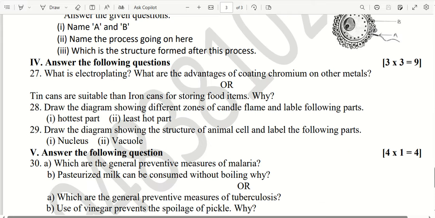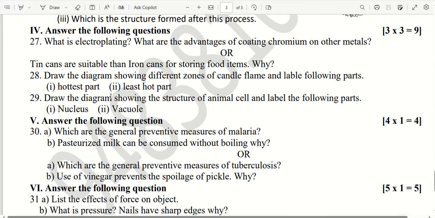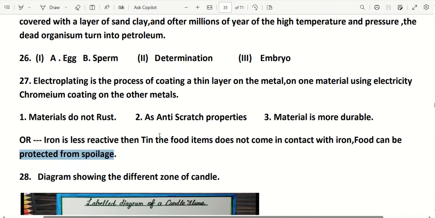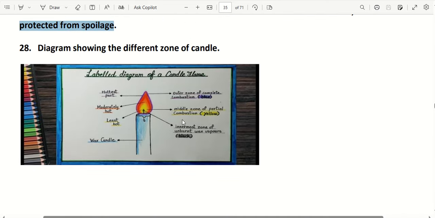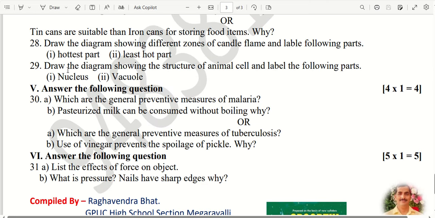And the diagram here: they want us to draw the zones of the candle flame. Label the parts, the hottest part and the least hot part. So this is the diagram: the innermost zone is the least hot, and the topmost layer is the hottest part. Then we see the next one.